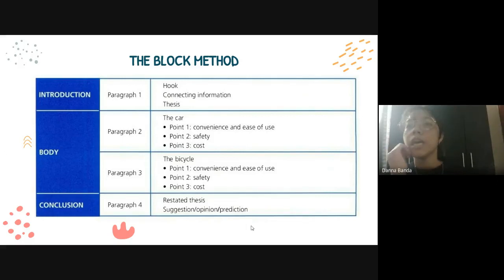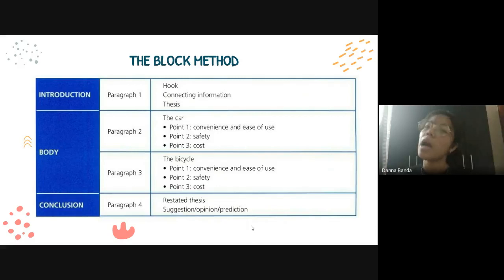Okay, in the first paragraph, that is the introduction, you have the hook, and this is a very important part of your essay because with this hook, you are going to grab readers' attention, right?